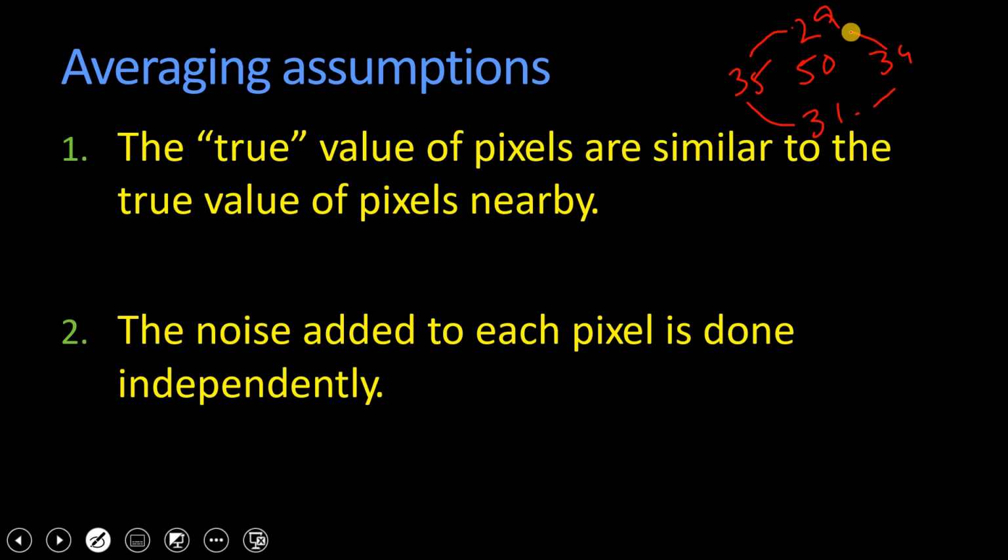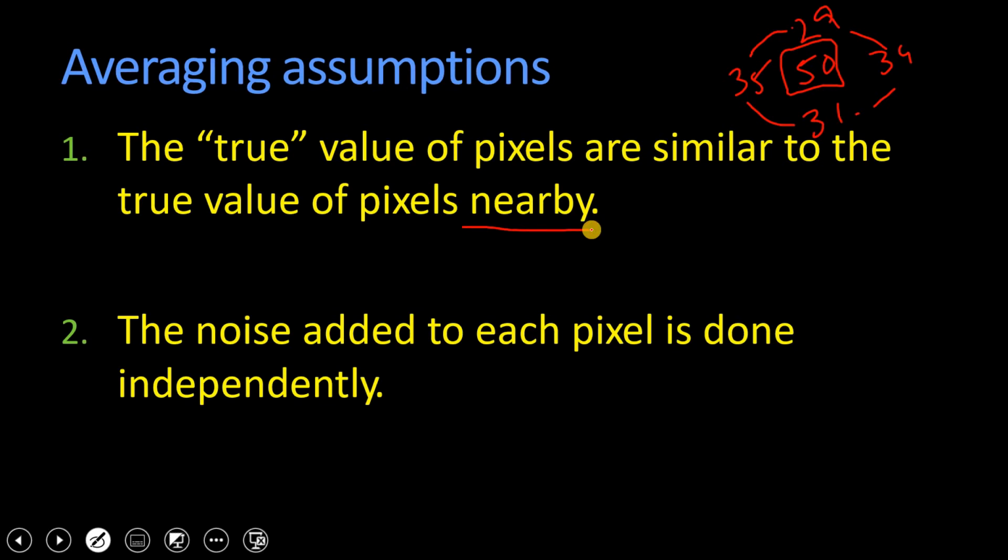So they are almost in 30s, between 30 and 35. That's why we said that this center value, it's noise. It's not good. Okay. So one thing is that the pixels in the nearby, they all have almost same values.